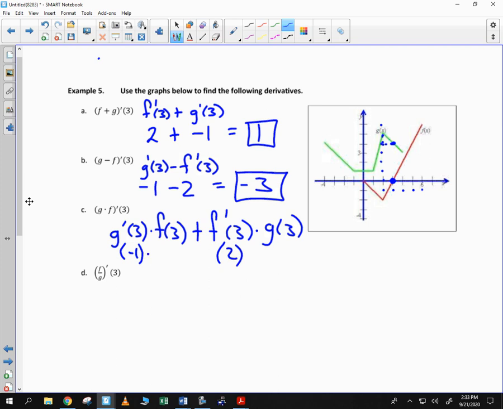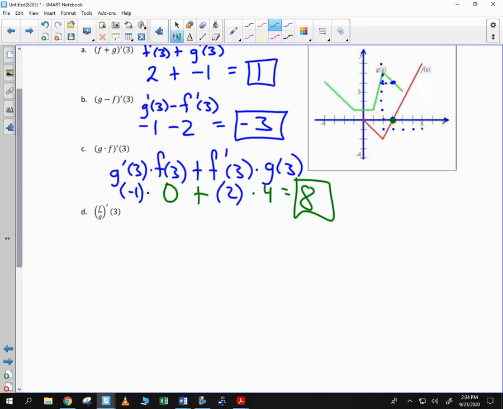Now what I need is f of 3. What is the function's value at 3? Well, f of 3, it looks like, is 0. And g of 3, it appears to be, is 4. Negative 1 times 0 is 0, and 2 times 4 is 8.